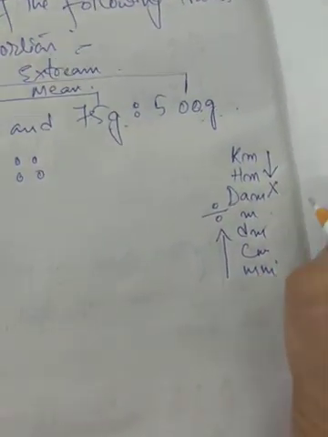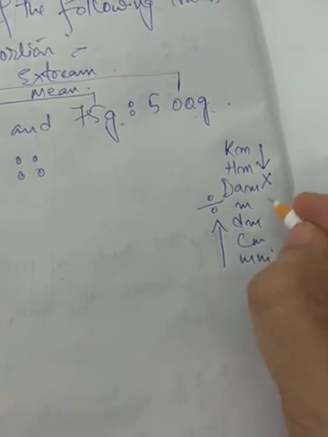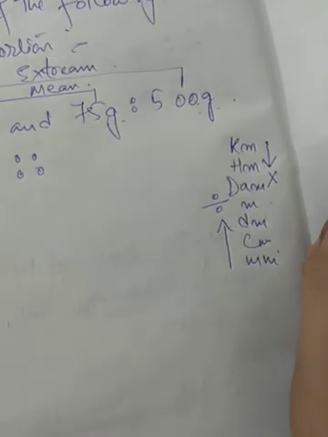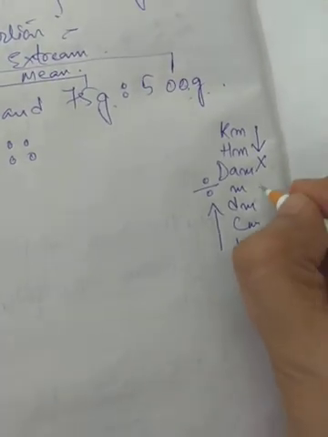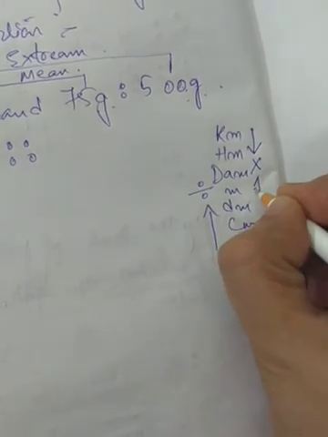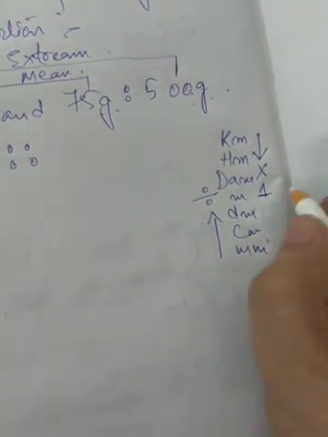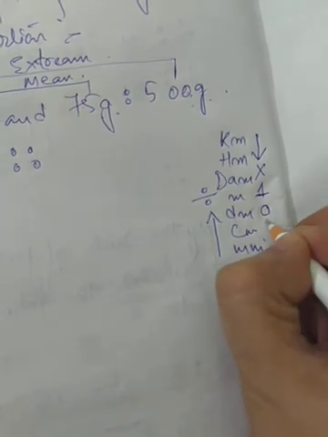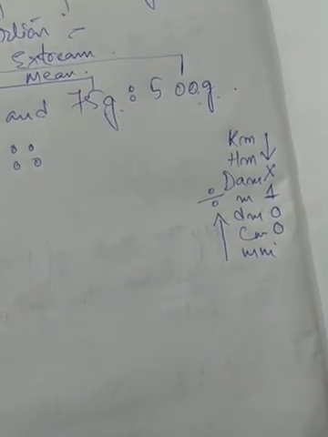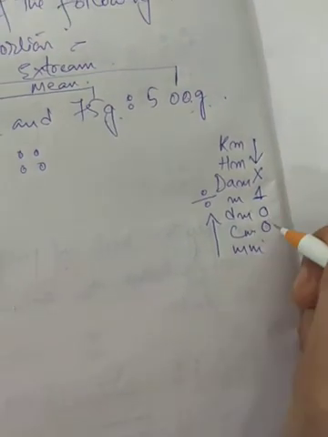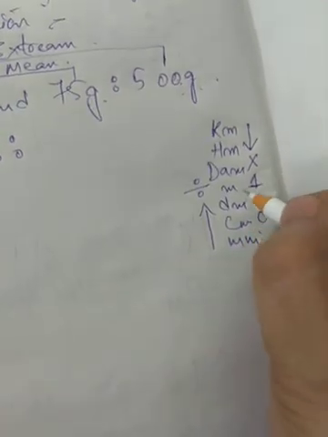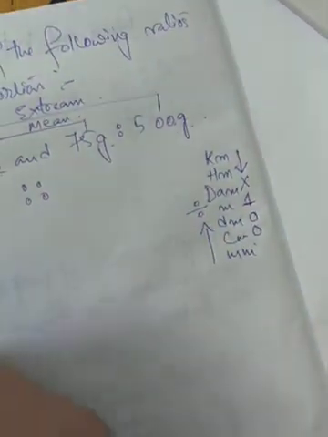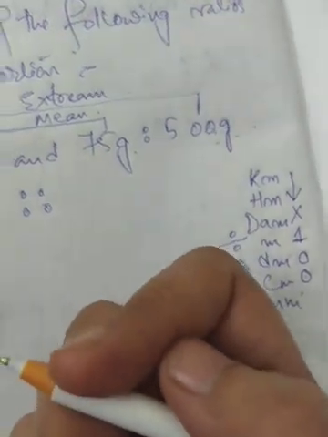Here I am going to convert this meter into centimeter. So in order to convert meter into centimeter, first we will multiply. But with what number? We have to place 1 in front of meter. Till centimeter, we have to write 0s. So it is clear that 1 meter is equal to 100 centimeter.